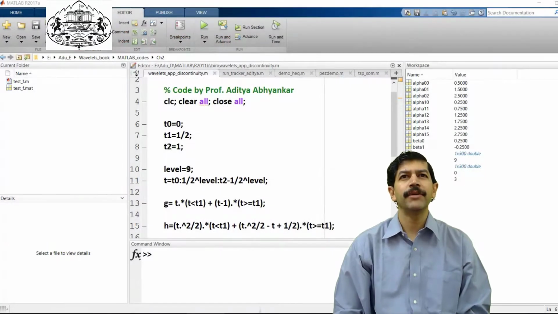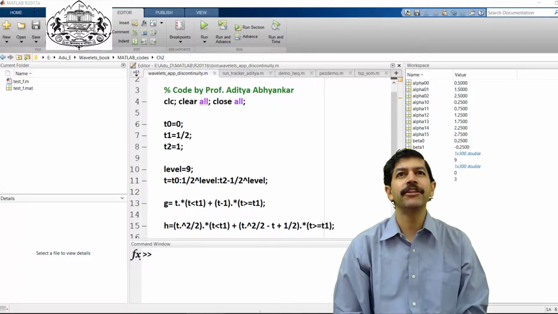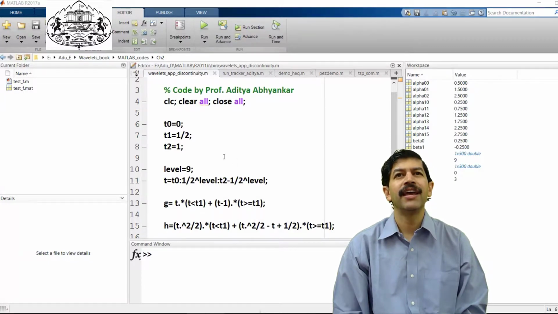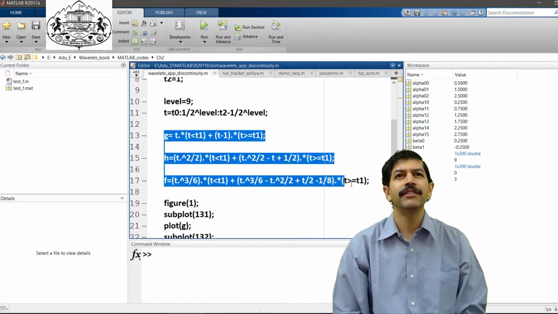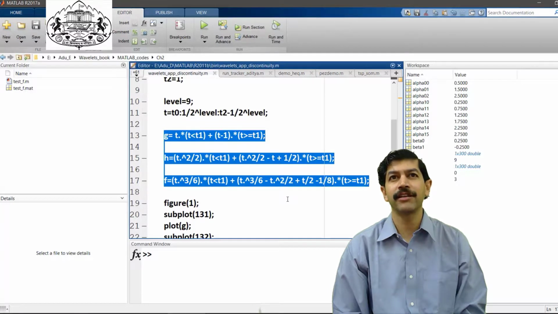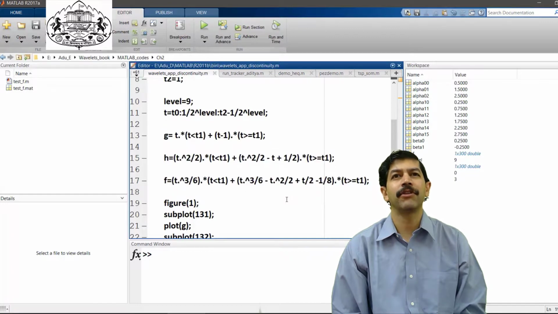So this is a MATLAB demo for finding out the hidden discontinuity in our signal. And as already discussed, these are the three signals G, H and F. H is the first order integral and F is the second order integral of G. All these signals are then plotted, and eventually the last signal is also saved.